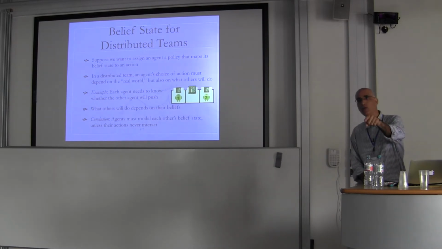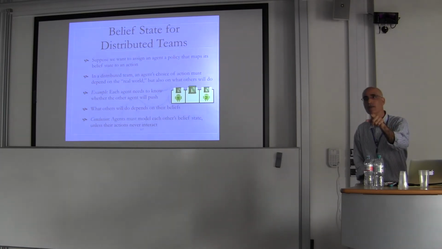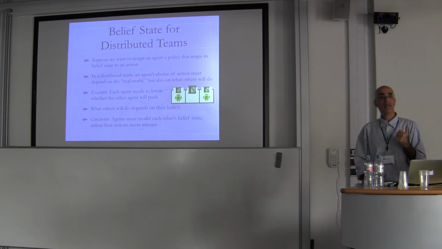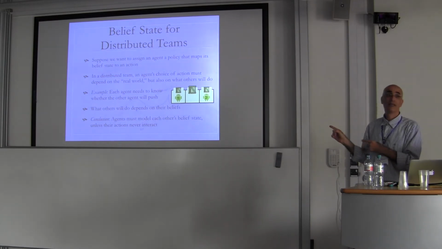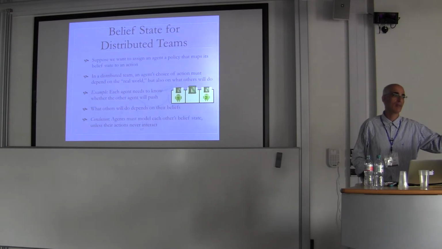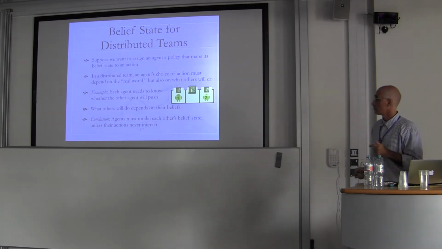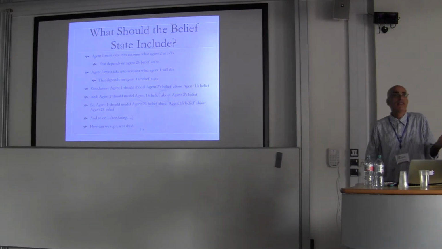So what I do depends on whether you will be pushing the box, and whether you will be pushing the box depends on what you believe. Okay, so this means that agents not only need to model their uncertainty about the world, they also have to model their uncertainty about the beliefs of other agents about the world.